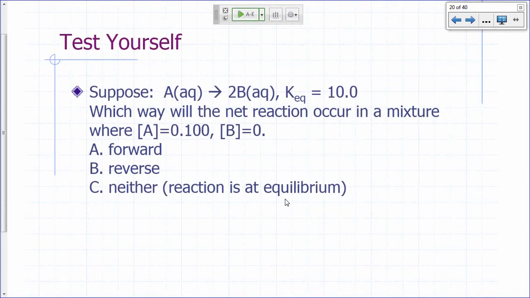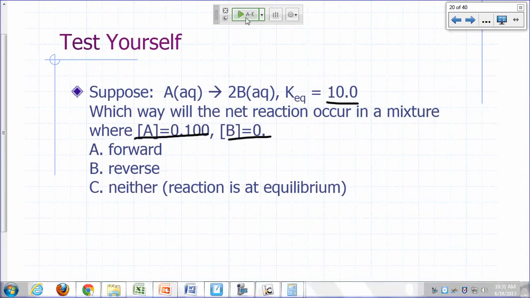Slightly more complicated. Same reaction, same KEQ. Which way will the net reaction occur if for this particular reaction mixture you have a concentration of 0.1 for A and there is no B? Will the reaction go forward, reverse, or neither?